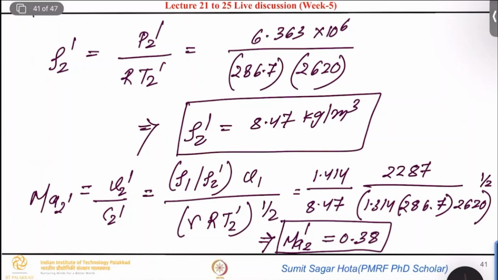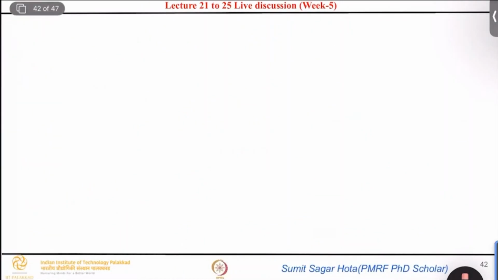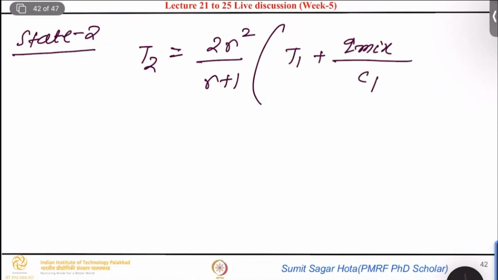Now let's proceed to state 2. T2 is equal to 2 gamma square divided by gamma plus 1, times T1 plus Q of mixture divided by Cp.